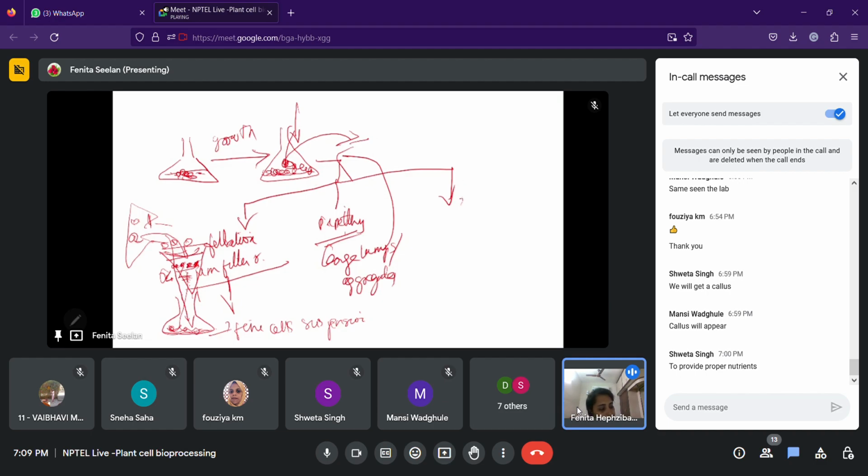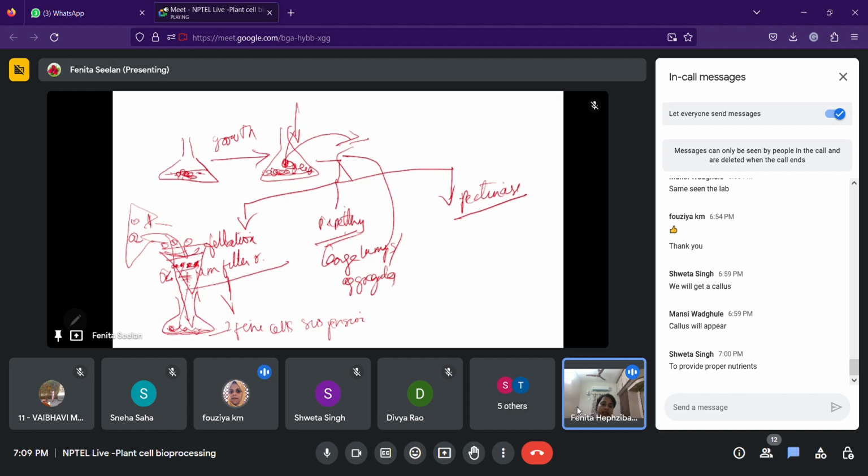So coming to the pectinase. To understand the role of pectinase here, we should know what pectin is. I guess you guys will know pectin. Where is pectin there in plant cells?